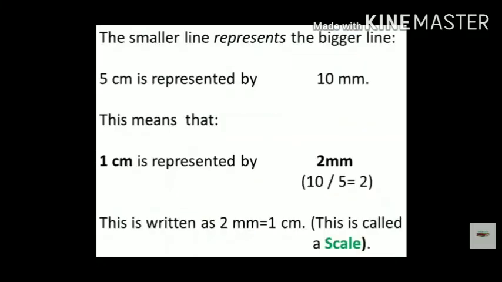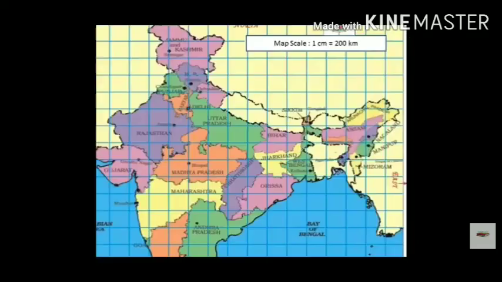So you can see in the picture, the smaller line represents the bigger line. 5 centimeter is represented by 10 millimeter. This means that 1 centimeter is represented by 2 millimeter. That is 10 upon 5. Here I have divided 10 by 5 and we get the answer 2. This is written as 2 millimeter equals 1 centimeter, and that is the scale.